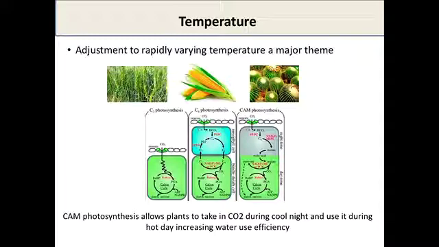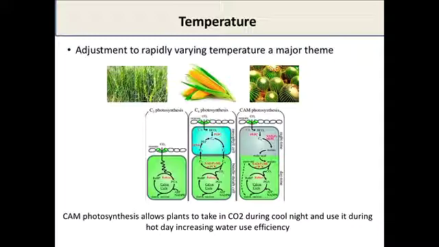You need to have your stomata open, but you've got a more efficient photosynthetic pathway, so you don't need to have your stomata open for as much of the time. So you're generating the same amount of energy for less loss. You need less CO2 in, you have your stomata open for a shorter period of time, so you're losing less water.